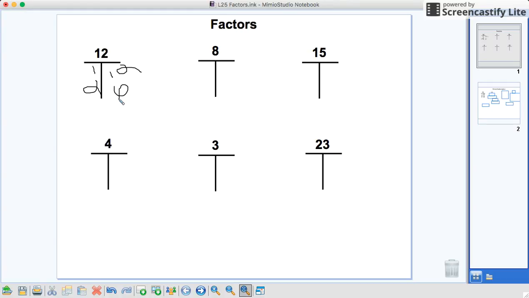Let's see, 3. 12 is also a multiple of 3, so I can do 3 and 4, and I know I'm done with that one. So my factors of 12 are 1, 2, 3, 4, 6, and 12.